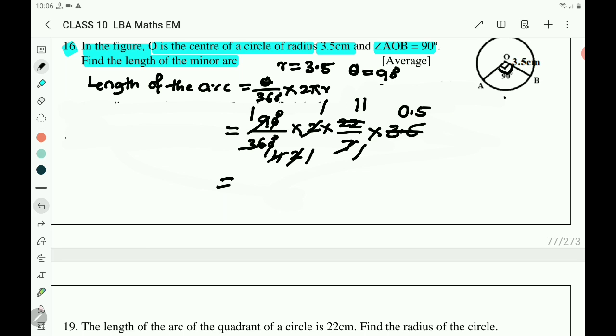In the numerator 11 into 0.5 is remaining. In the denominator only 1. Then you can write 11 into 0.5. Here 11 5s are 55. That is 5.5 centimeter. As it is a length, express it in centimeter. Therefore the length of the minor arc equals 5.5 centimeter.